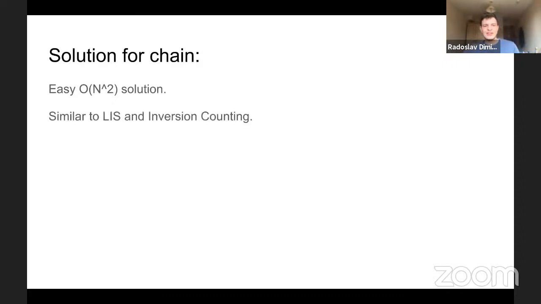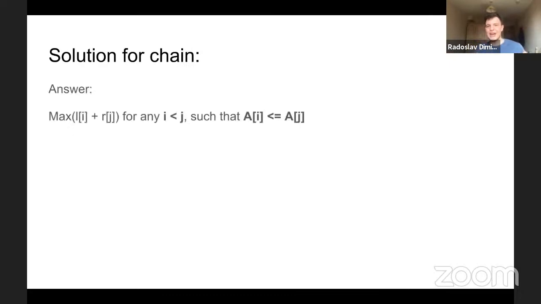But also, at least I think this problem resembles either the longest increasing subsequence or the inversion counting problems, because in a way we want to find some maximum which depends on two values. Inversions are pretty similar to this, but the sign is different.